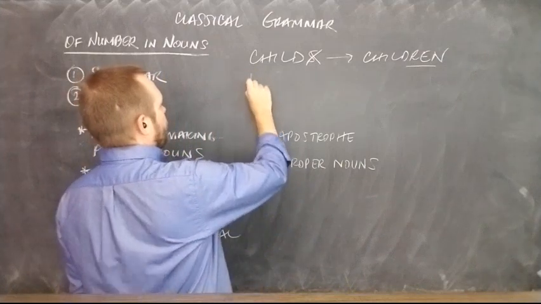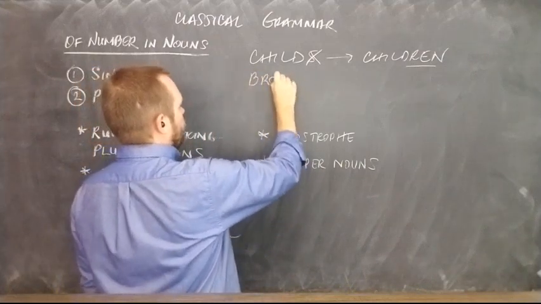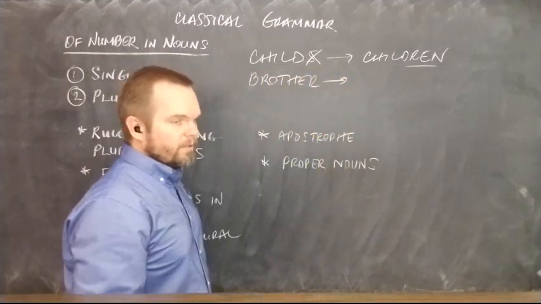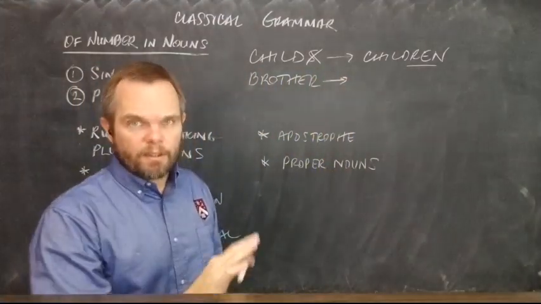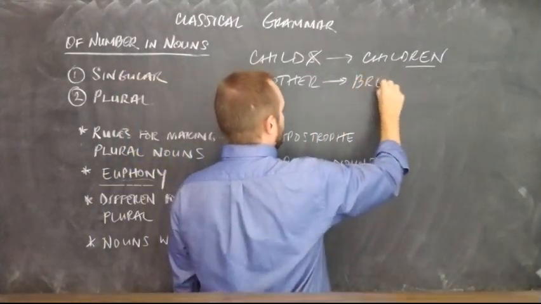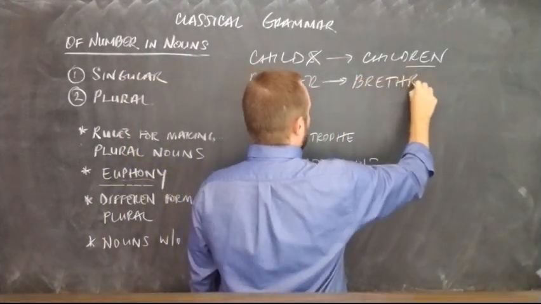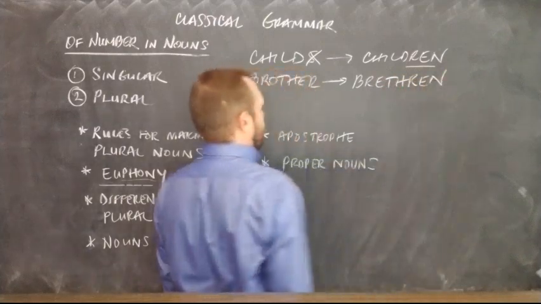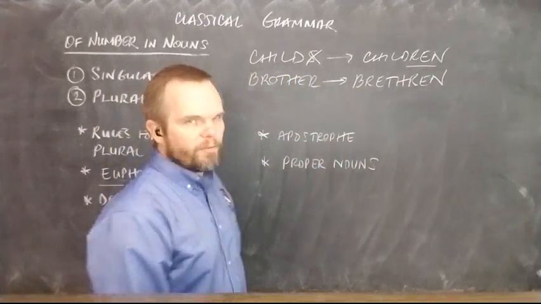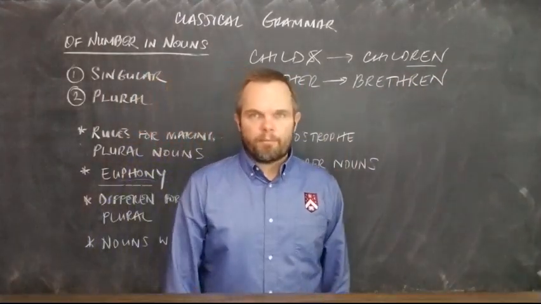We can do the same thing for brother. We can say brothers in one context, but in another context, we use a different word, and we may say brethren. Brethren is a plural form of brother.